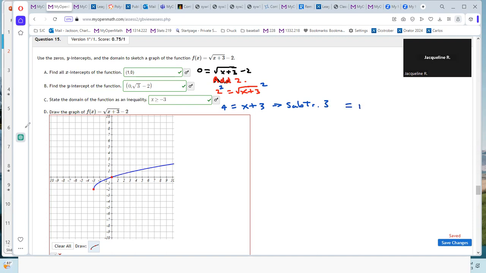But on your graph, Jacqueline, that point isn't on the graph, right? That point right there should be on the graph, but you've got the graph going through the origin. Oh, okay, that makes more sense.